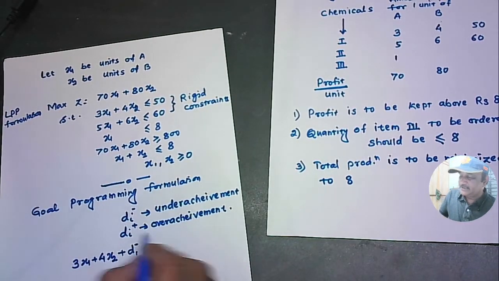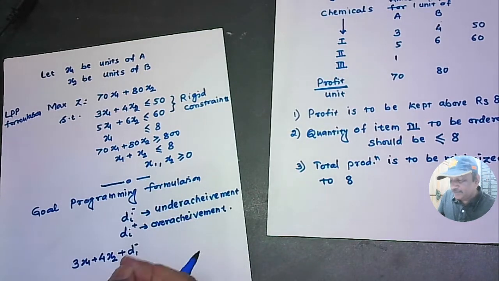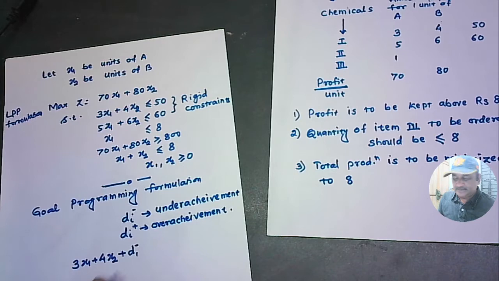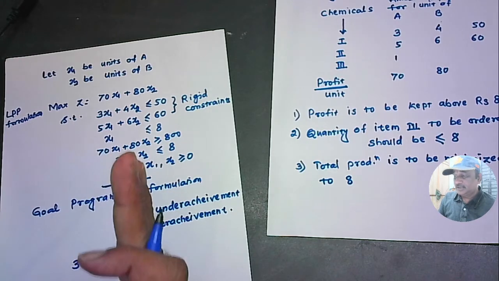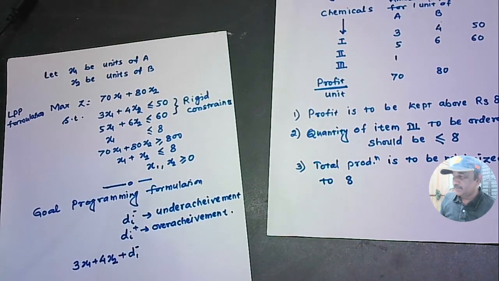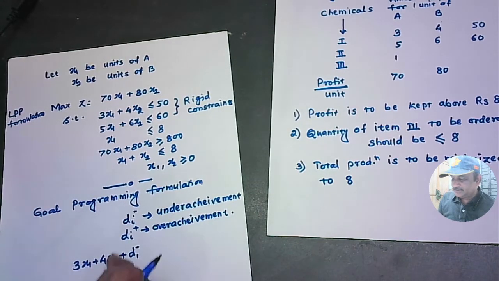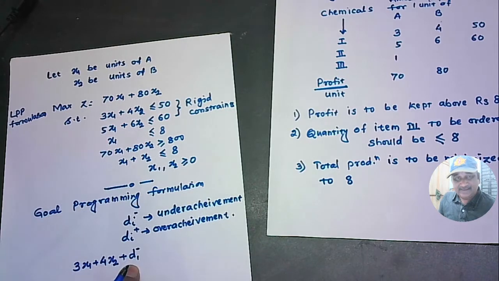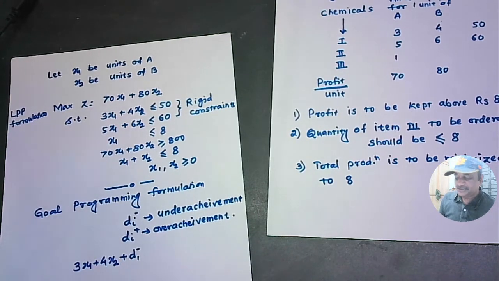This was underachievement, like a slack variable, d1 minus. The value could also go beyond 50. Suppose this sum is 40, then the underachievement will be 10, because the target for the availability of chemical 1 is 50, and this is taking 40. But if this sums to 60, then the overachievement will be 10.